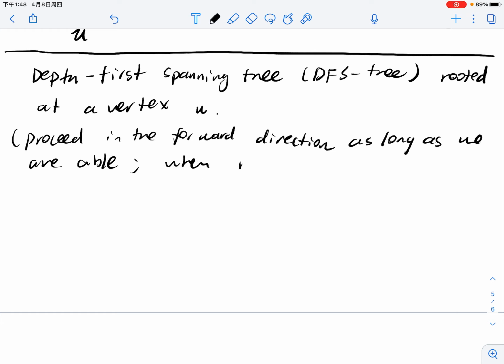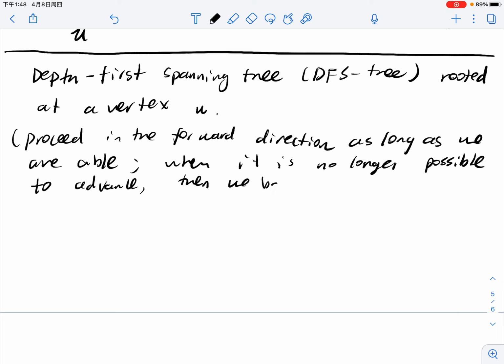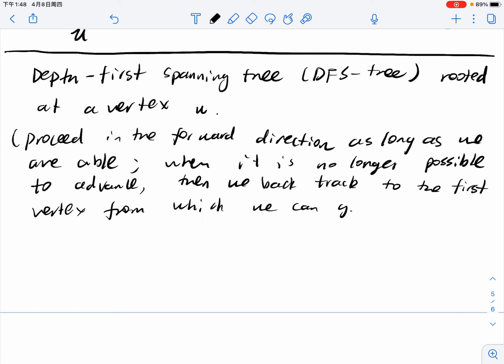When it is no longer possible to advance, then we will backtrack to the first vertex from which we can go forward.